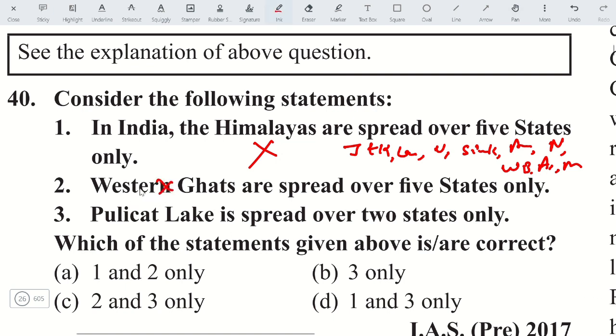This one is also wrong because the Western Ghats pass through Gujarat, Maharashtra, Goa, Karnataka, Kerala and Tamil Nadu. It is 6 states. Pulicat Lake is spread over 2 states. Yes, it is between Andhra Pradesh and Tamil Nadu. Then C is correct. The third statement is correct, so the option will be D.